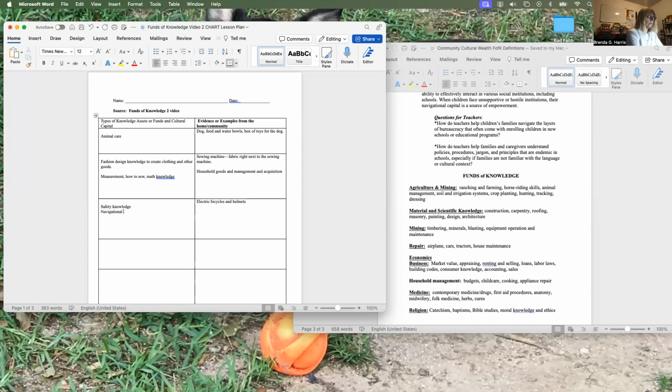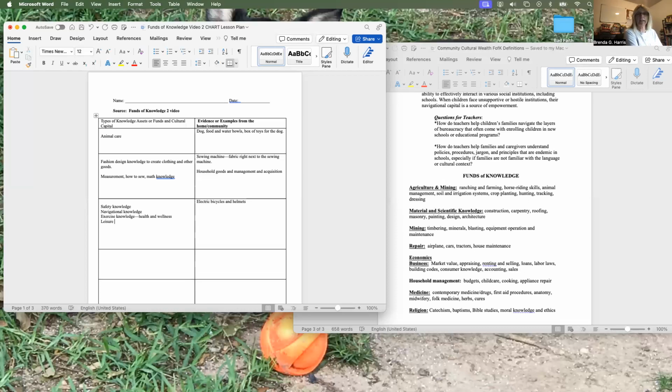Depending on the family, it could be exercise knowledge, with health and wellness knowledge. Maybe leisure knowledge, right? You have to know how to stay active and do other things. Leisure knowledge. What else?